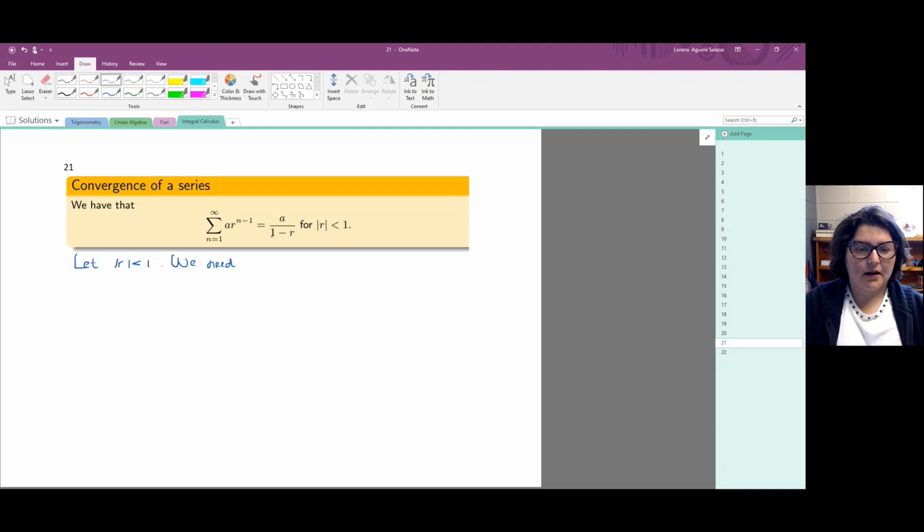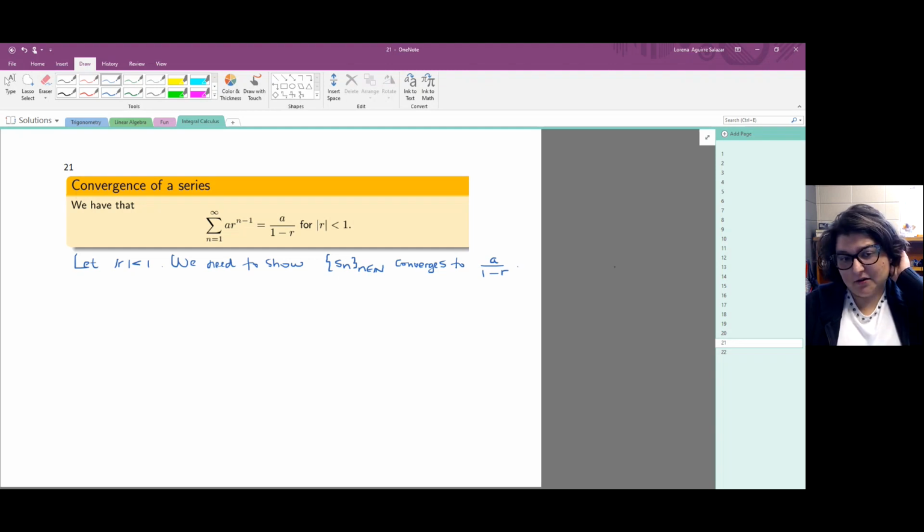To show that we have that convergence, we need to show that the sequence of partial sums Sn converges to the value we see on the right-hand side of the equation, a over 1 minus r.